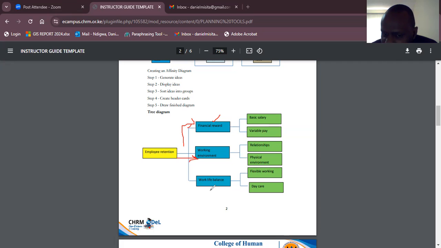Then the other thing is daycare. You can also have daycares within the job premise, so that if you are a mother and you have a little child, you can bring them on board, so that during the breaks, you can go and take care of your kid.